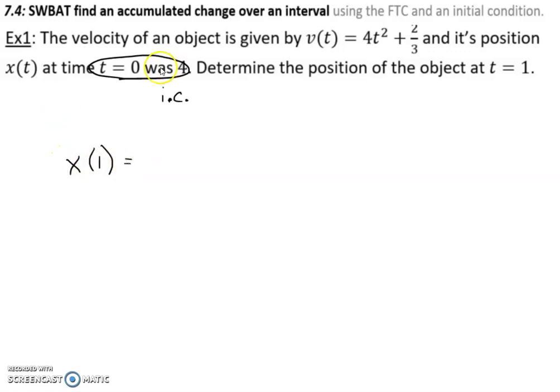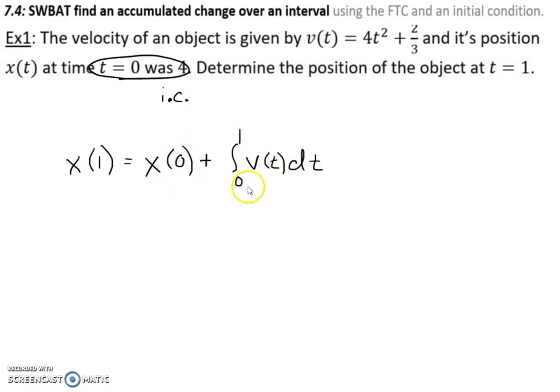Well, x of 1 would be whatever x of 0 was, plus the integral from 0 to 1 of v of t dt, because this is, of course, the derivative of position.